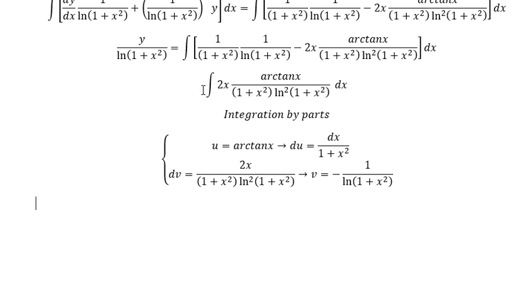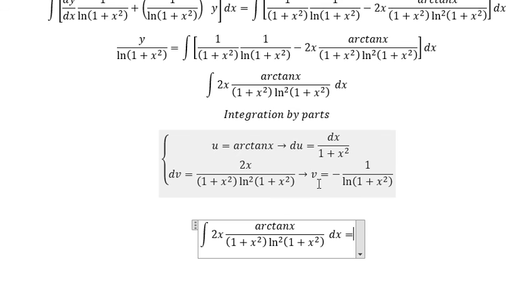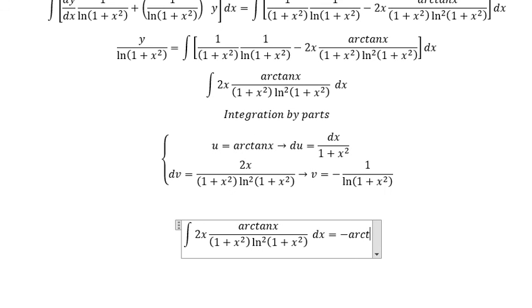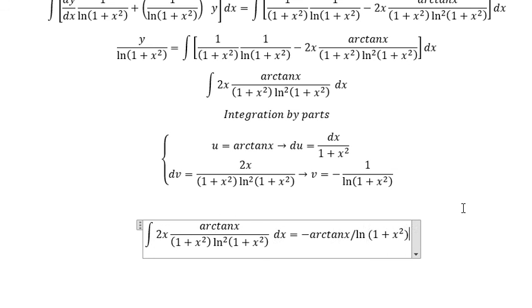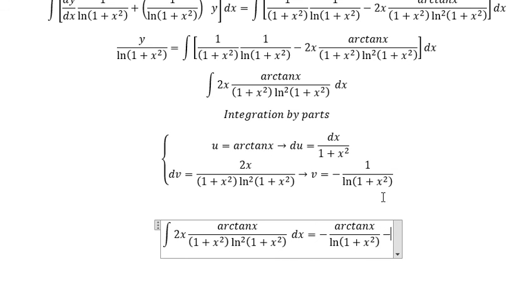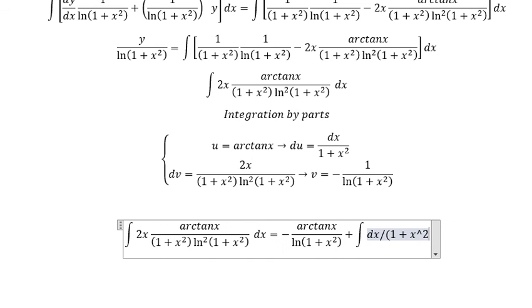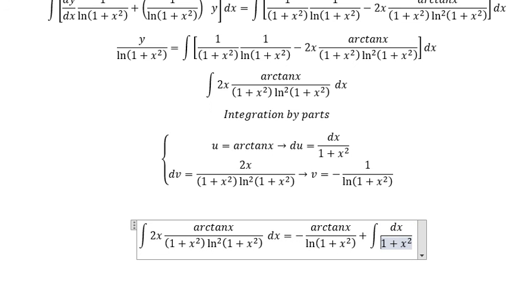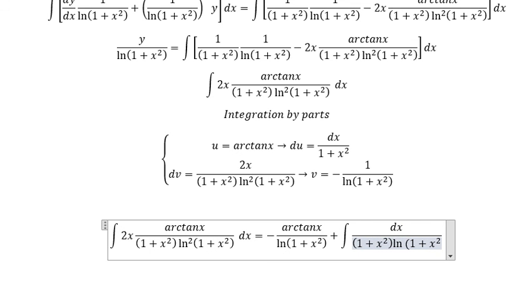So we have u multiplied by v, minus the u multiplied by v, but we have negative and negative, so we have positive, and we have the integration dx over 1 plus x squared times ln of 1 plus x squared in here.